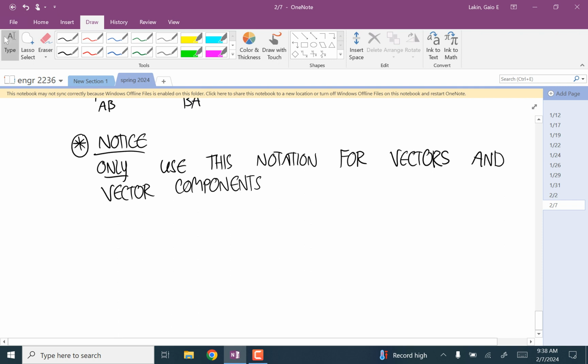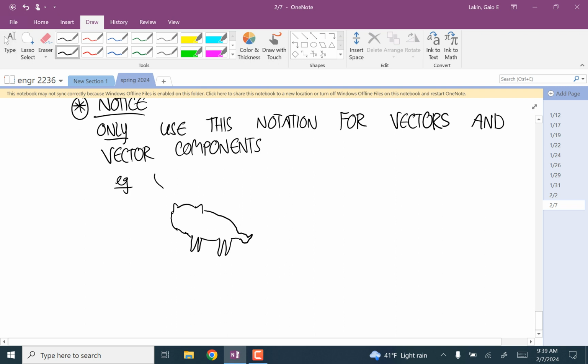So for example, let's go back to this pig. He's turning into a cat. Well, what are the forces that we had?